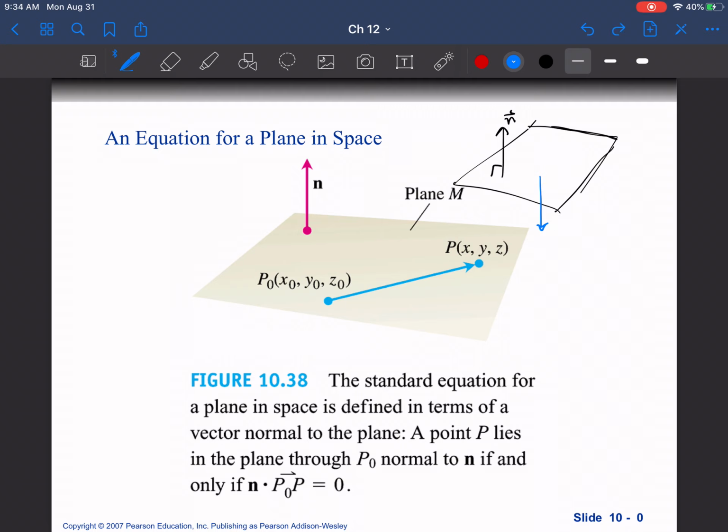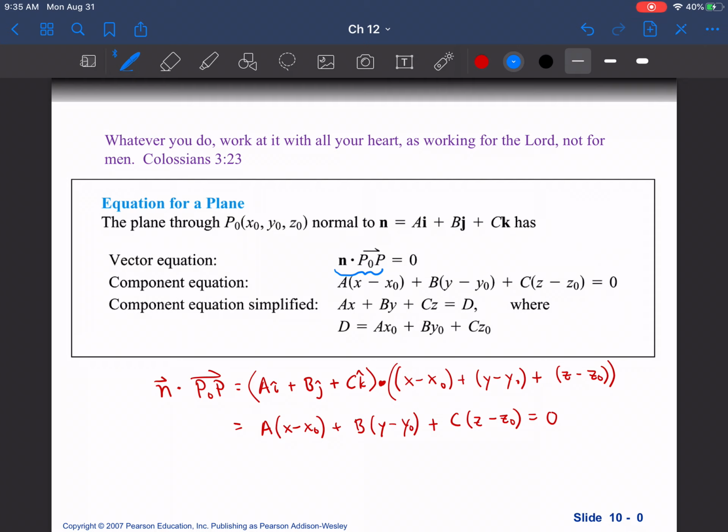One of the things we have to know is that the dot product of the normal to our plane and a vector made between two points on the plane is going to be 0. No matter what, it has to be 0. So if this is the plane through this point and normal to this vector, then this here must be true. If we come down to the bottom, you can see where I expanded this n dot P naught P, where P naught is a point in the plane and P is another point.